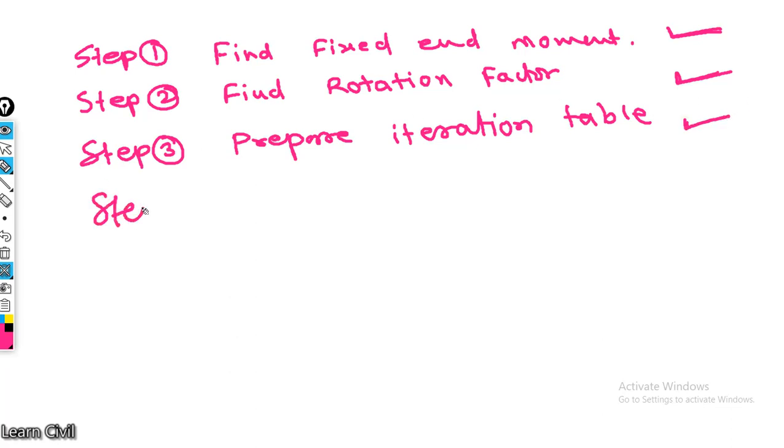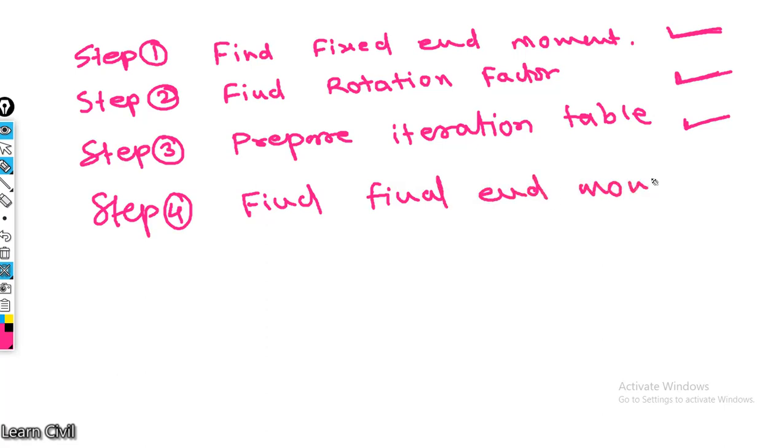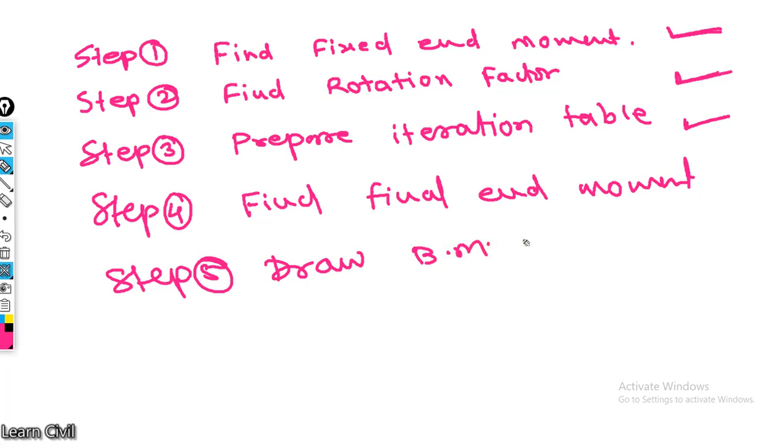Step number 4 is to find the final end moment, and step number 5 is to draw the bending moment diagram. These 5 steps will be useful for solving the problems of Carney's method.